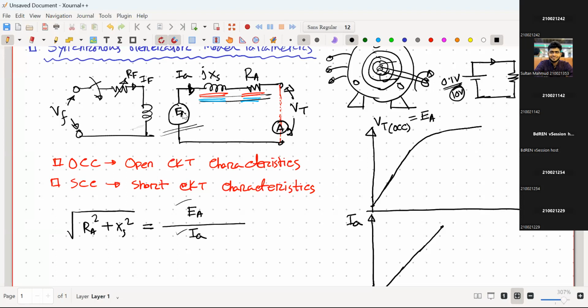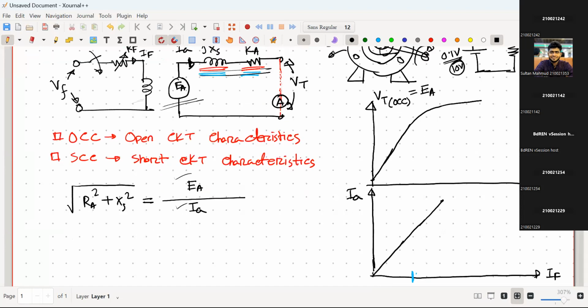But for a normal voltage of EA, I'll get very high current, but there will be some resistance here in the windings. So for a small amount of voltage, I'll not get that much IA. But if I increase IF a bit more, then after some time it will reach the rated current. When it reaches rated current, then we will stop.